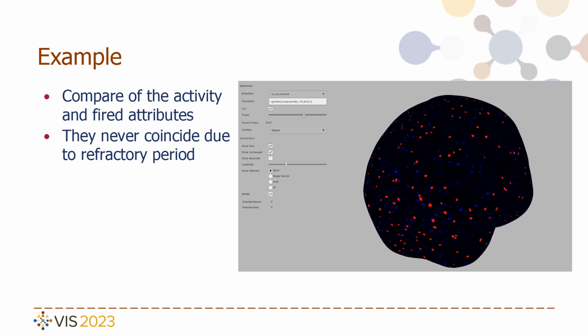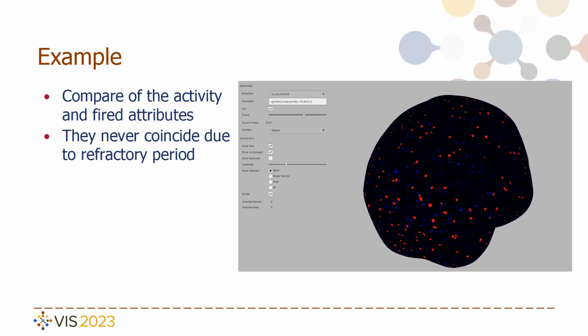We can see that there is no magenta, and this is due to the refractory period, because after a neuron fires, the electrical potential falls to its lower point, and that would be represented as a color with little to no blue.